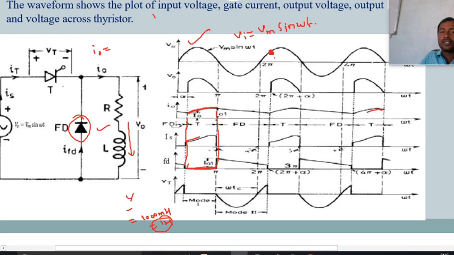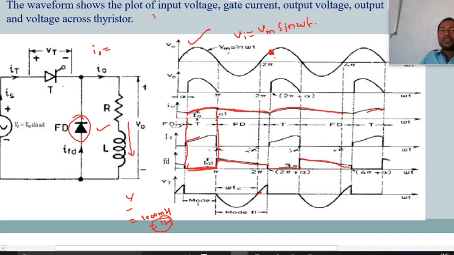I will show that one, the freewheeling diode waveform. In this area, while the inductor is storing energy, there is no current in the freewheeling diode. While releasing the energy of the inductor, the same waveform appears in the freewheeling diode. Again when storing energy, the current in the freewheeling diode is 0, and while releasing the energy, the current through the freewheeling diode is available, which is similar.